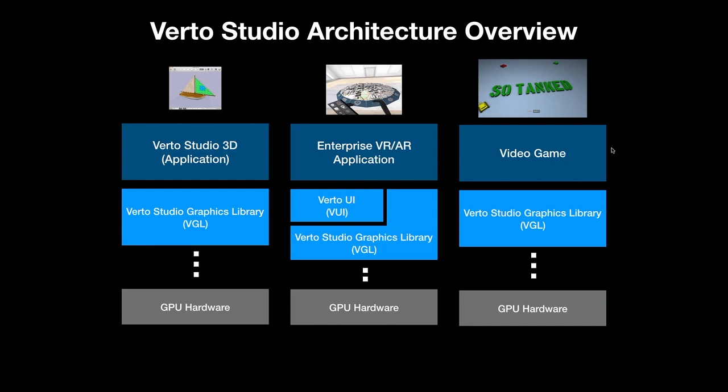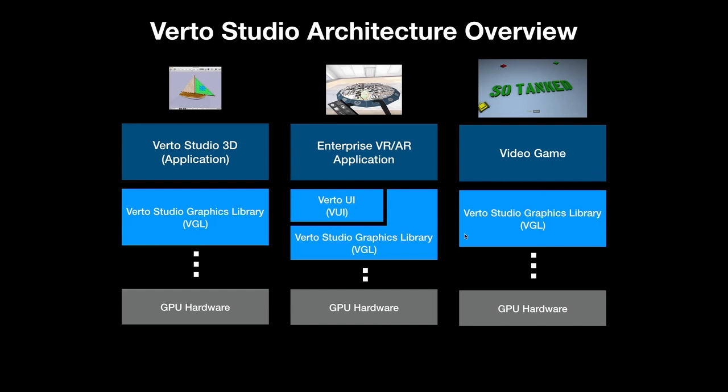And then there's a video game. I've made a couple of video games on top of the Verto Studio graphics library as well. So what I really want to hit home here is that my motivation this year for doing all this work was to keep this really important component, the Verto Studio graphics library, viable to run on any platform in 2018, 2019, and going forward, so that I can develop as much application code as I want, whether it's for myself, paid client deliverables for contracting work, or video games if I ever get the time again.